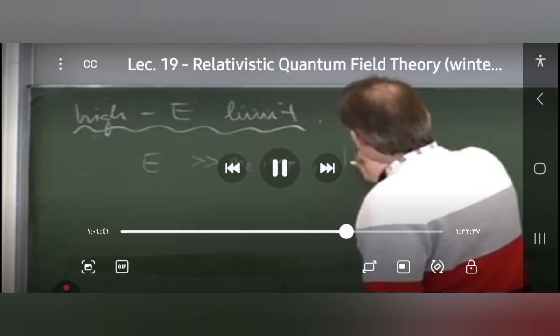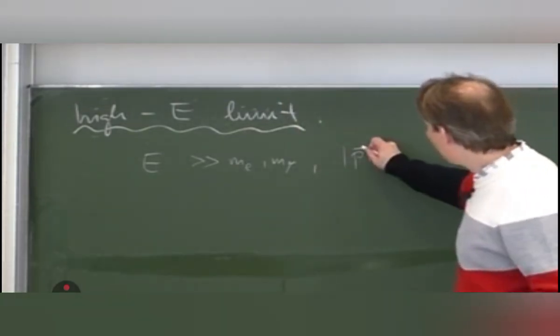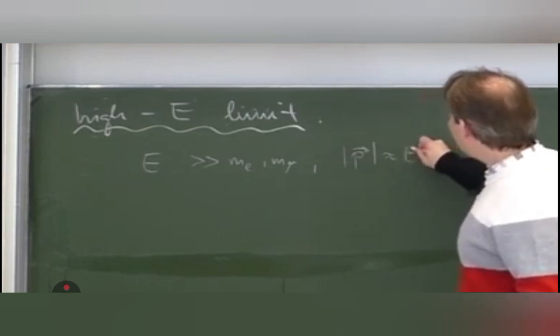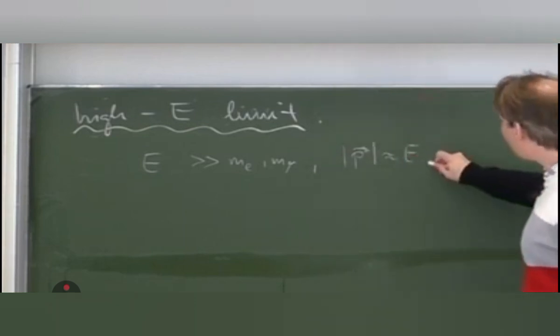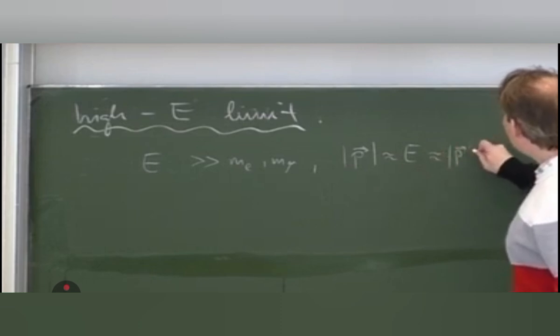The energy is extremely large, and therefore also the absolute value of the momentum P is approximately equal to the energy, since the rest mass can be neglected, and also equal to the final state momentum. So the muon momentum, the electron momentum, and the energy, they are all essentially equal.